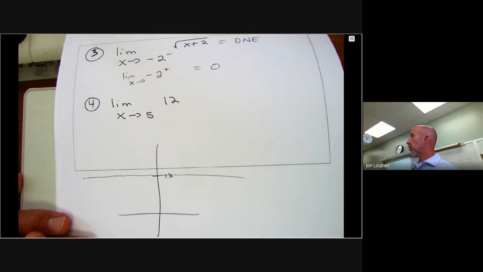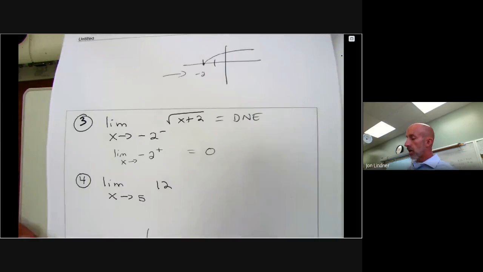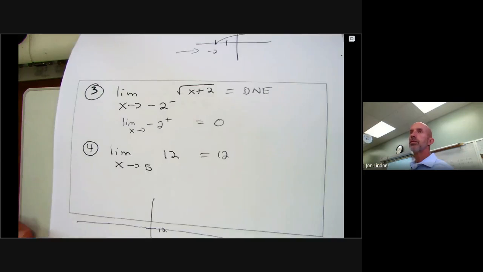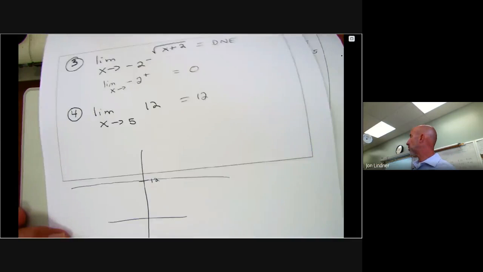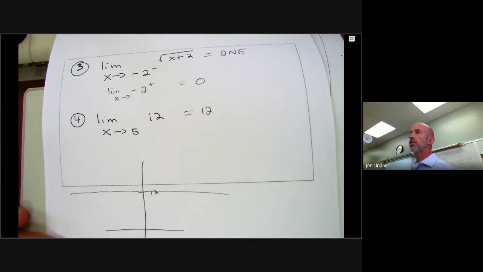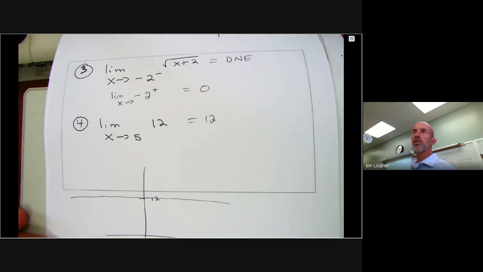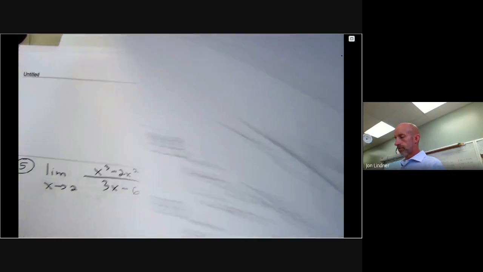This is the easiest problem on the planet, everyone. The limit of this thing is always 12. We like constant functions. We like doing the limit of constant functions because it takes us about 2 seconds to answer them. All right, let's keep going.